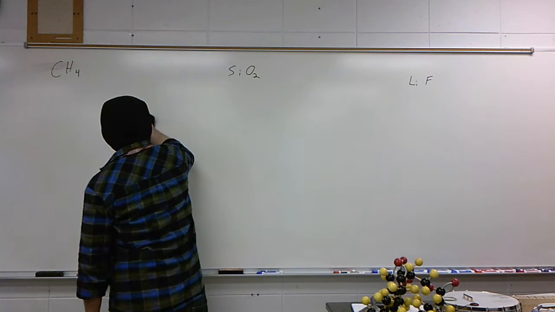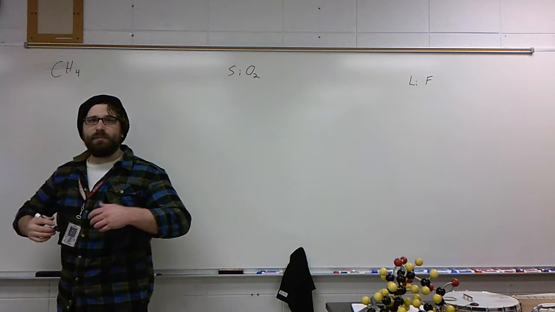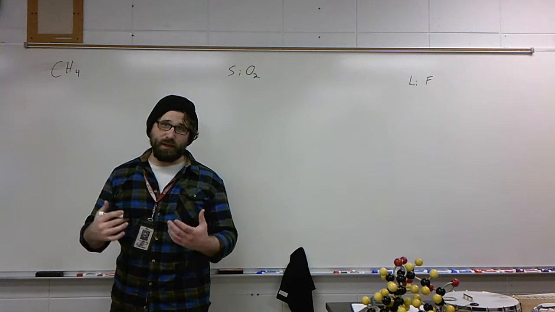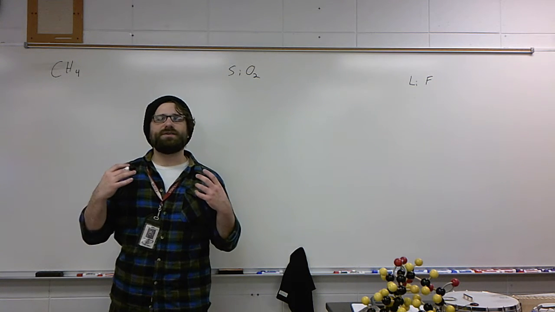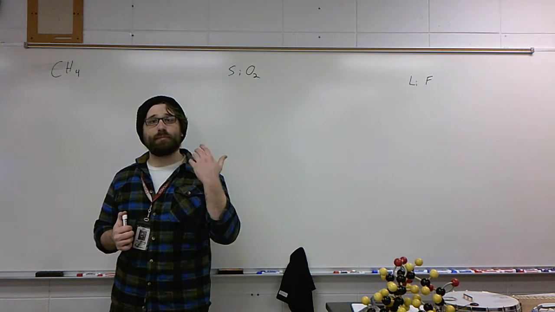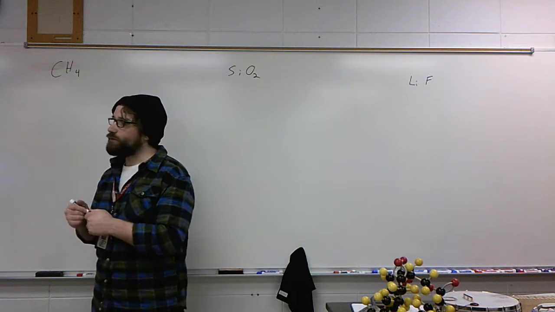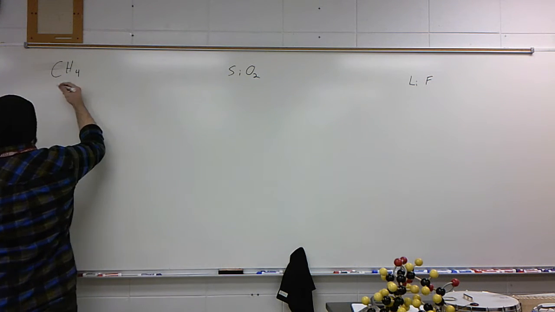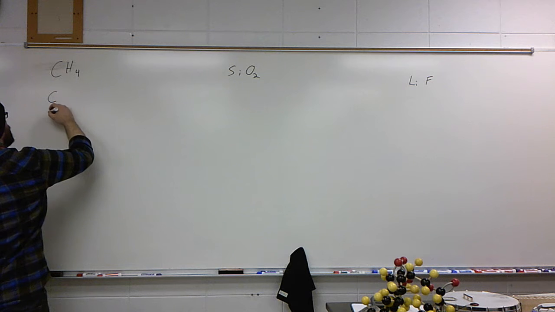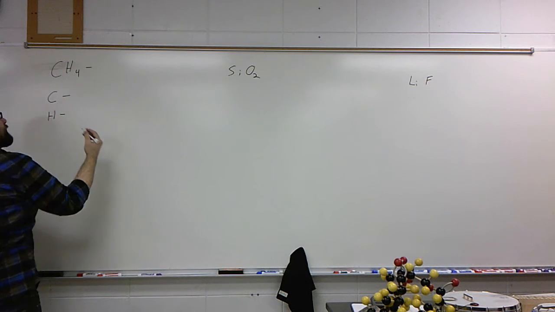So our first step is we need to know the mass of each individual element and the mass of the whole thing. And we're looking at molar mass. Since we're only looking at the percentage, we don't need to know the actual grams. Molar mass will do just fine. So CH4, that's methane, that's going to be carbon, hydrogen, and then the molar mass of the whole thing together.